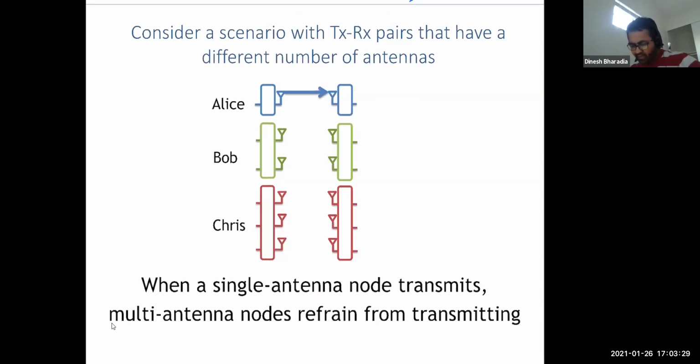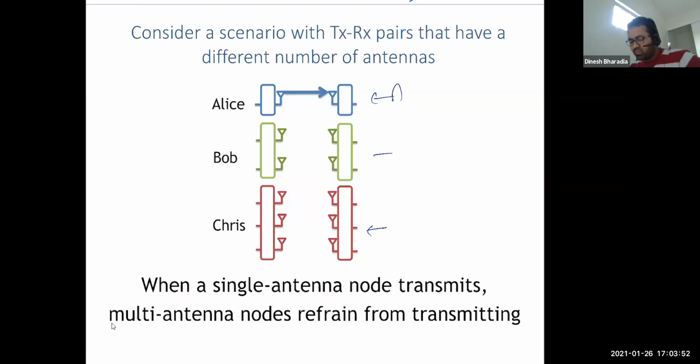All right. So let's assume this is a scenario. We have, let's say, three nodes, Alice, Bob, and Chris. Let's say Alice is trying to transmit to its receiver, and Bob is trying to transmit to its receiver, and Chris to its receiver.